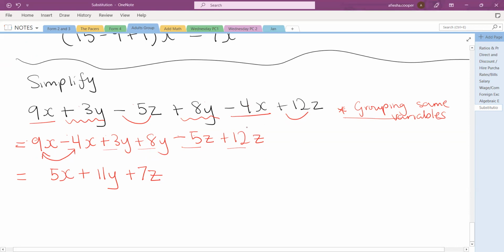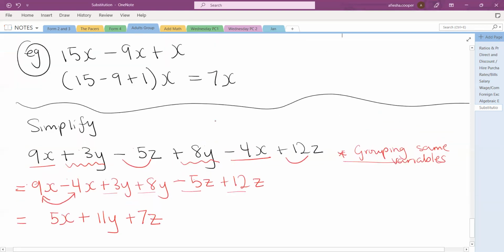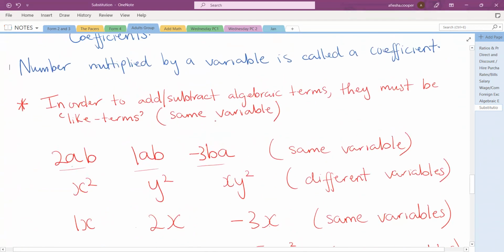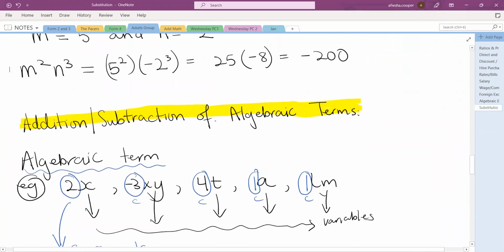It's an algebraic expression, algebraic terms. Yeah, so we're adding or subtracting algebraic terms.